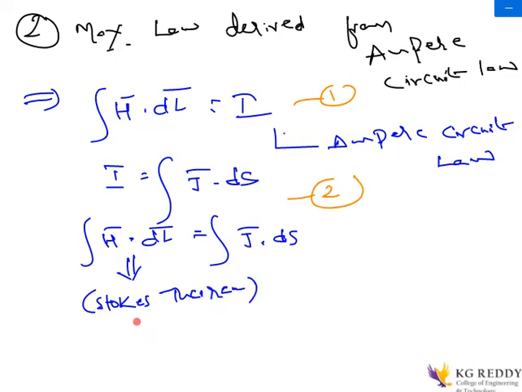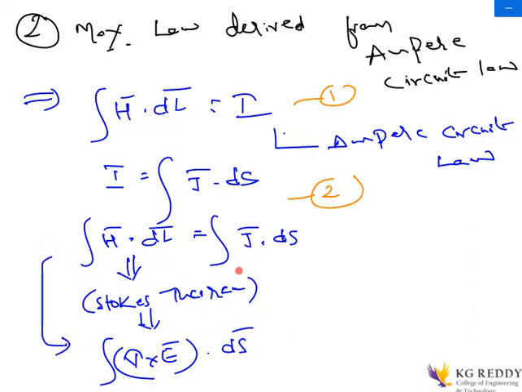Then we get integration of curl of H dot ds. If I convert this using the Stokes theorem, finally this equation is equal to integration of j bar dot ds.